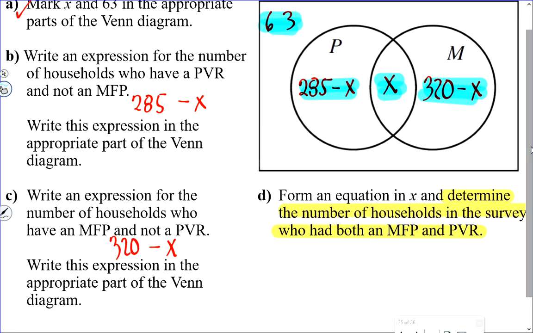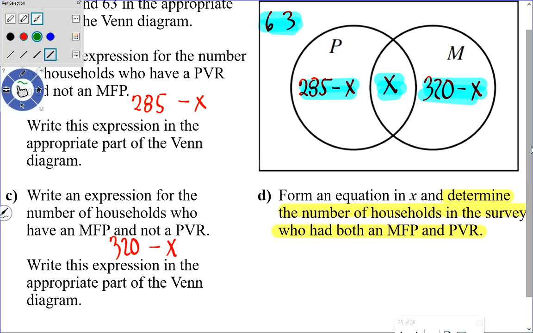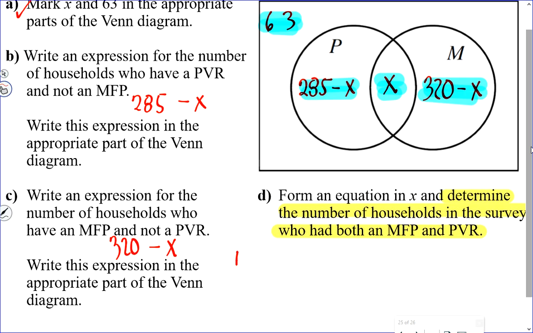So our equation will be 63 plus 285 minus X plus the X plus the 320 minus X equals 400.